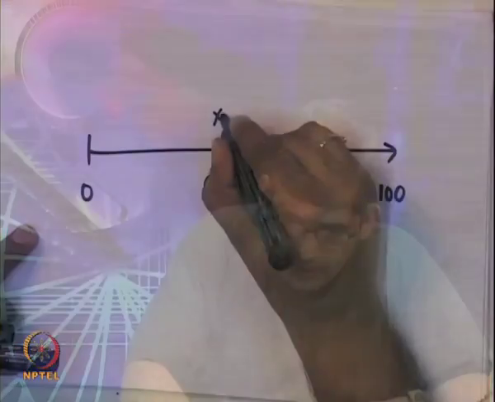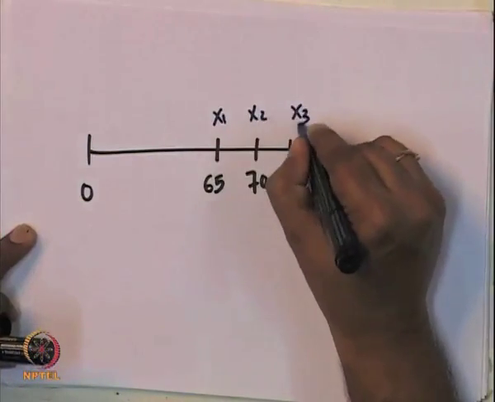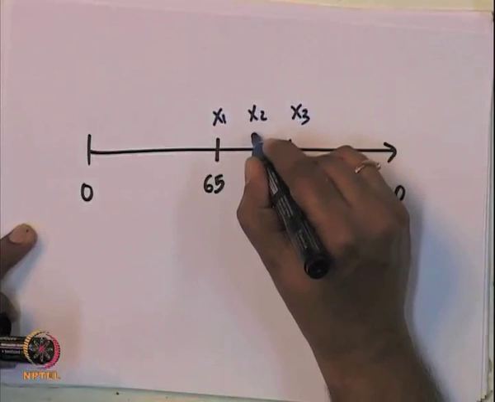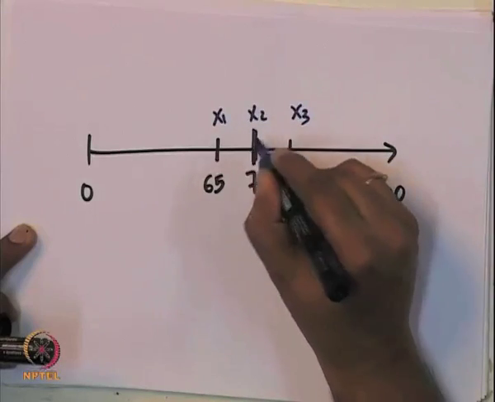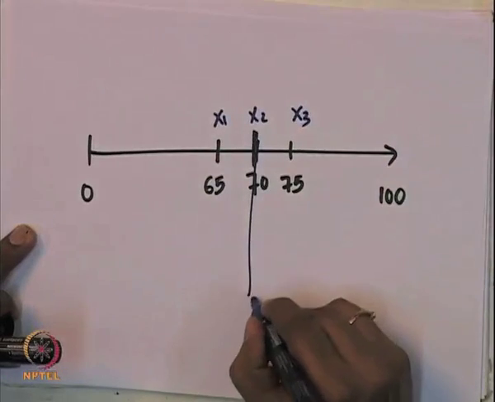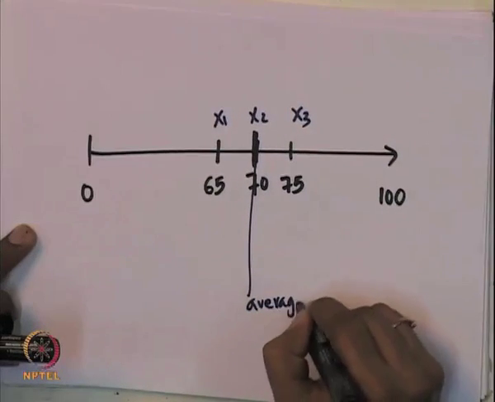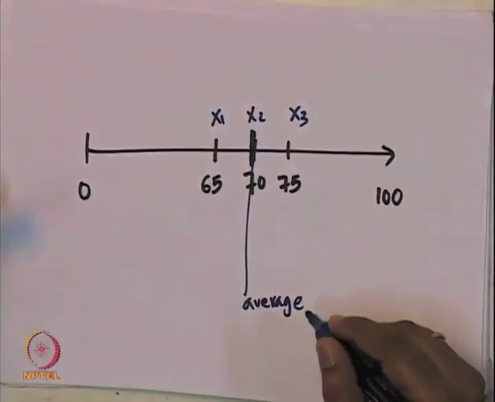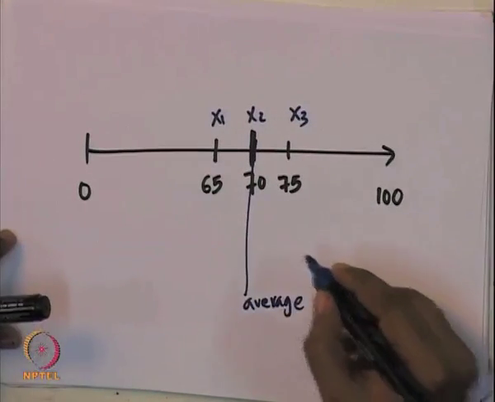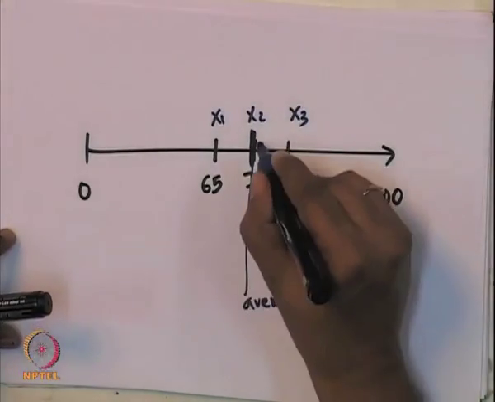Now when we say average, we know that is the sum of all this. But when we say standard deviation, if we mark this x1, x2 and x3, and the average here, let us mark this as the average. The average mark is 70. By doing standard deviation, what we are calculating is this particular distance.